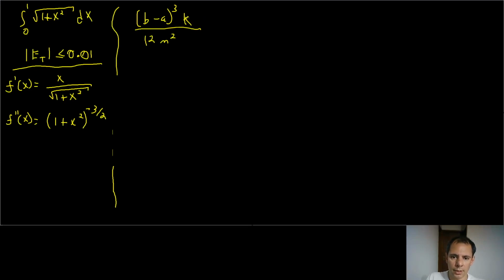Okay, so this k, we're going to replace it by 1 very soon. What is b minus a? It's 1 minus 0. So it's going to be 1 cubed times 1 divided by 12n squared, which is just 1 divided by 12n squared.